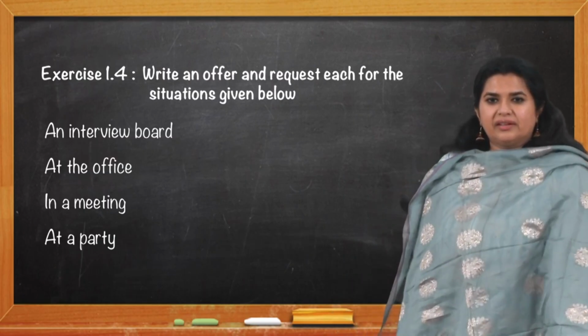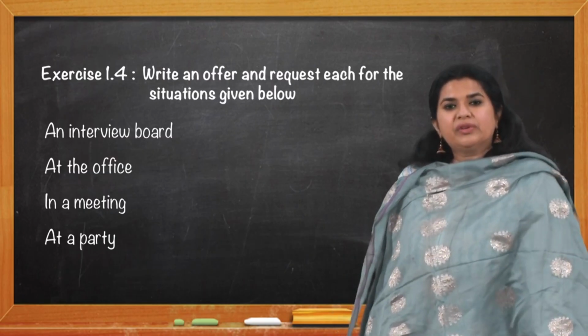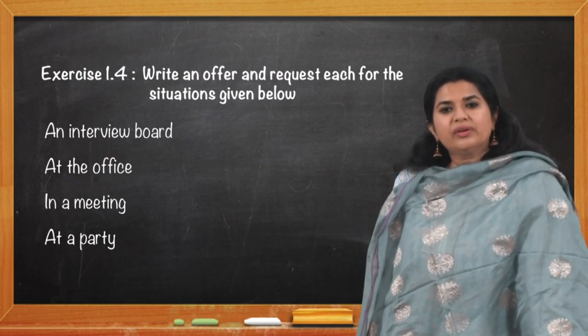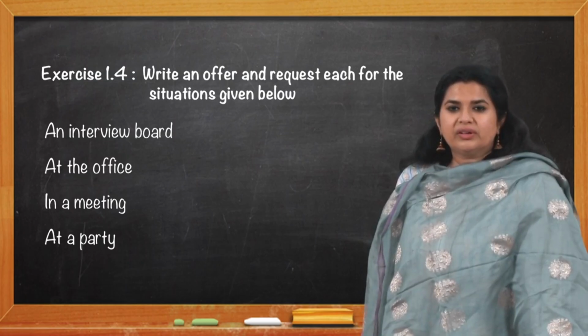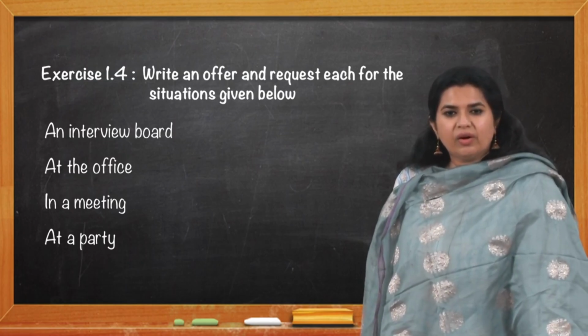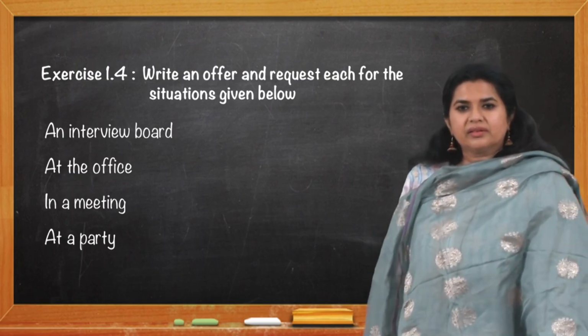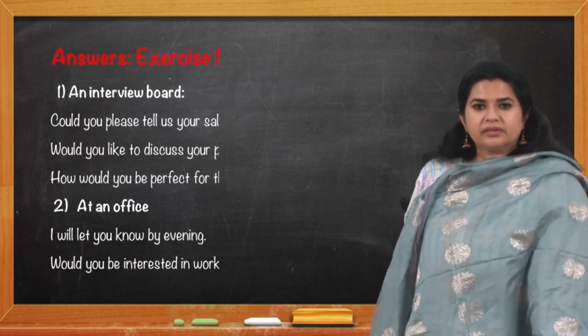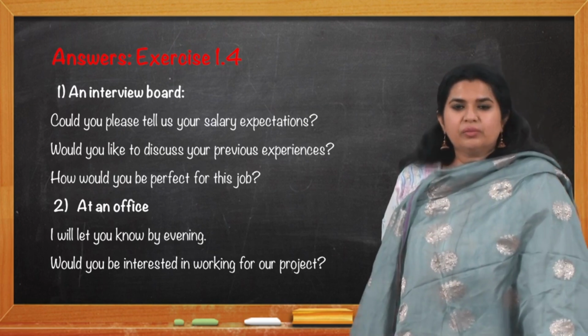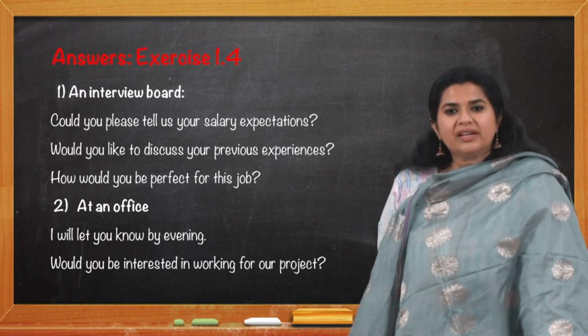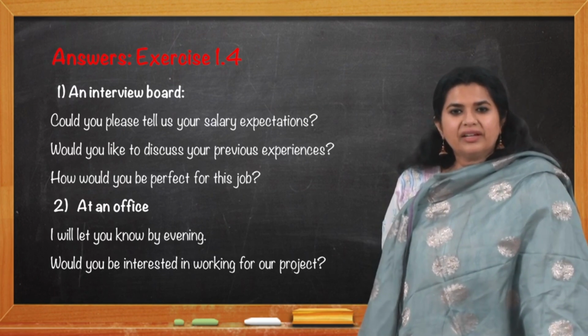Look at this exercise. Now, write an offer and a request for each of the situations given below. This is something for you to do: an interview board, at the office, in a meeting, at a party. An interview board. See, this is the way. Could you please tell us your salary expectations?